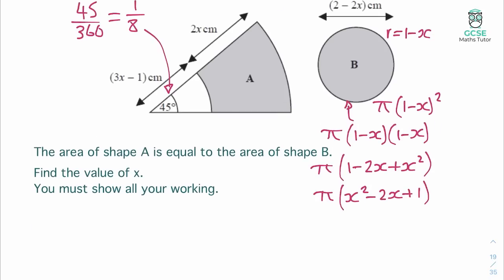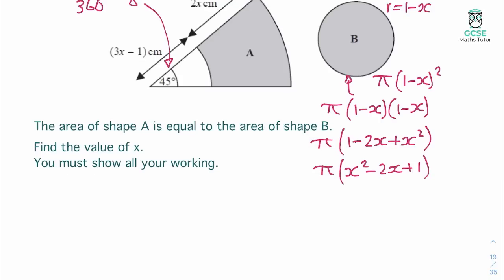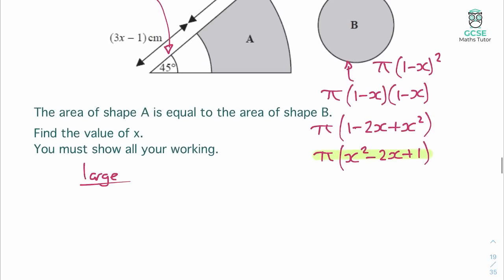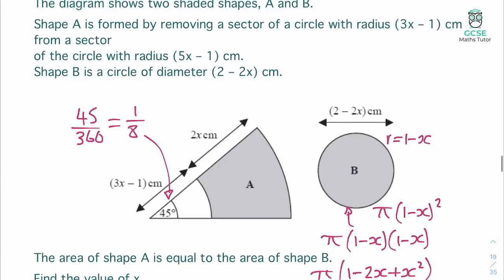So the big shape, and as with any shaded shape, I'm going to highlight this because this is one of our areas, we want the area of the large sector, and we're going to take away the smaller sector. So for the large sector, let's just write down large sector. We would do pi r squared, so pi times the large radius, which was 5x minus 1 squared.